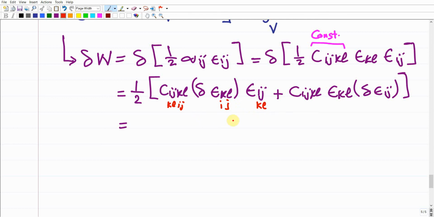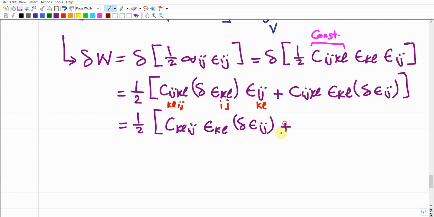That is fine to do. Over this term, we will have a term identical to this one. So after these changes, we end up with 1 over 2 times Ckl ij times epsilon kl, which is this term, and then delta epsilon ij.